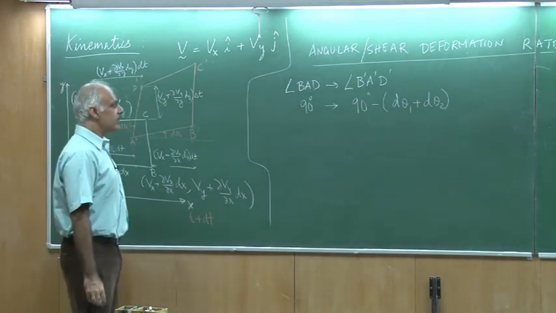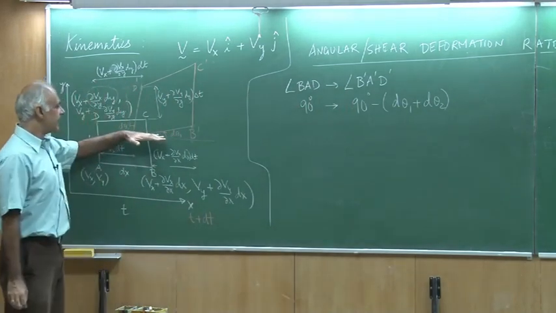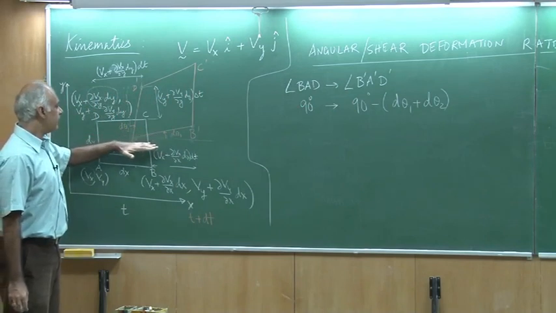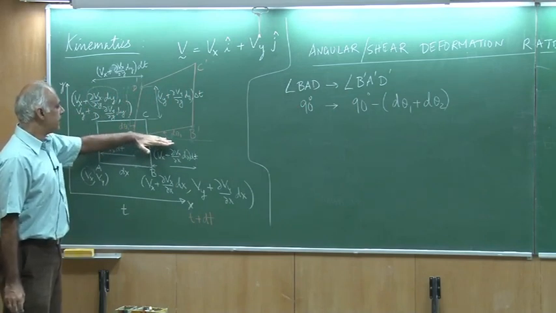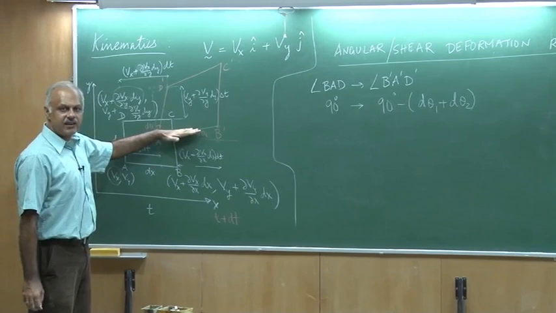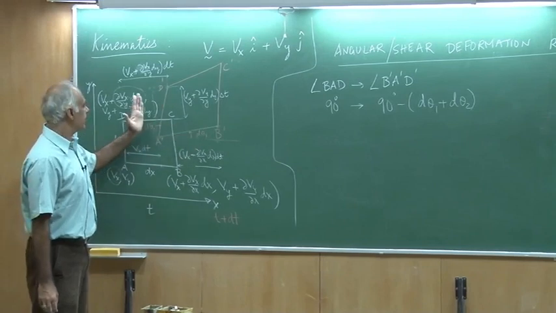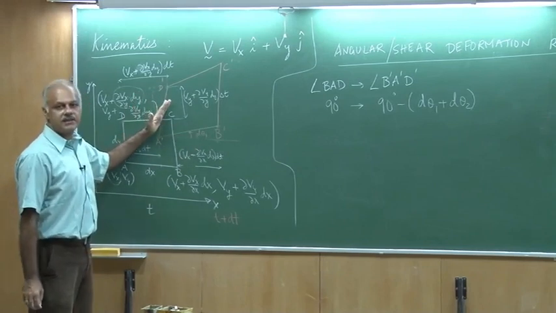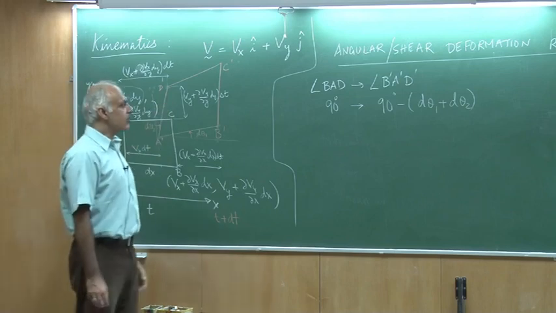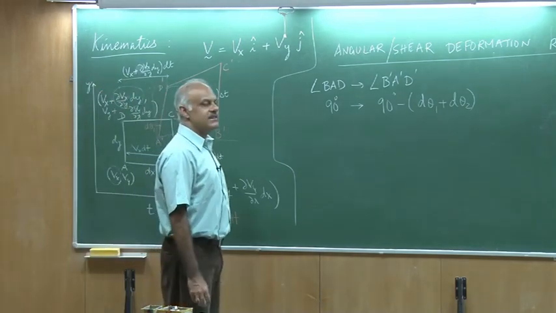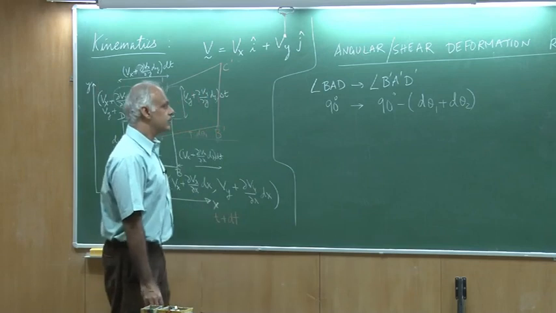Okay. So, we are going to now say that if I have an edge AB that has changed the angle of the element by some amount, the edge AD has changed it by a certain amount, and I could talk about the deformation as the average of the two.